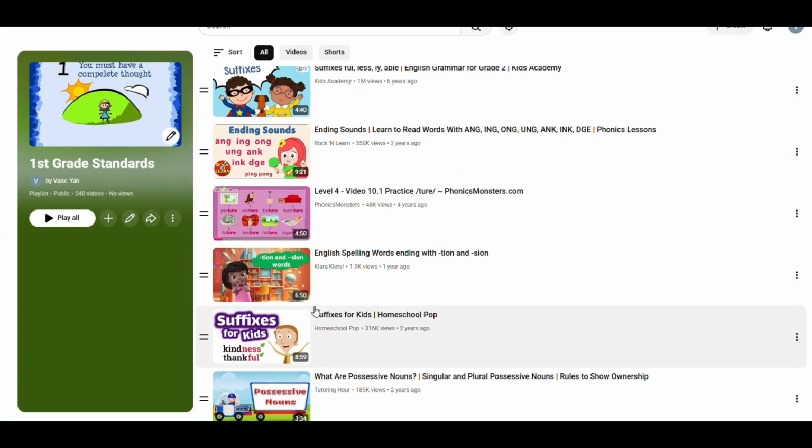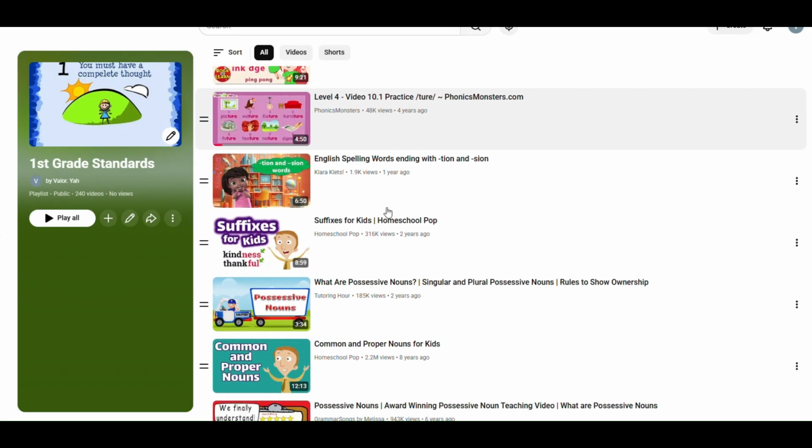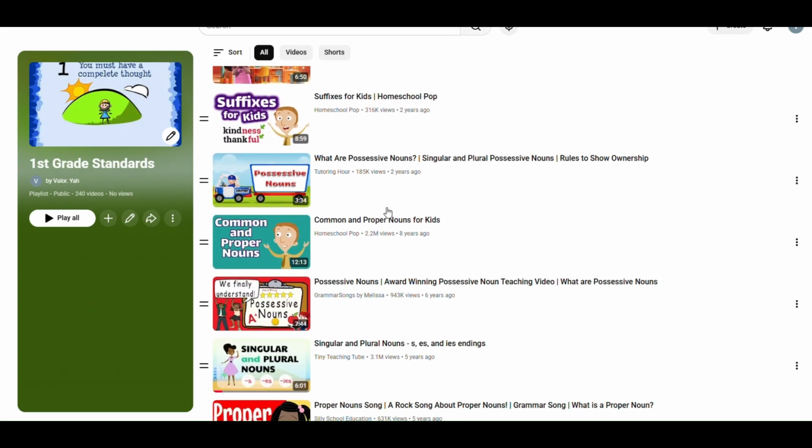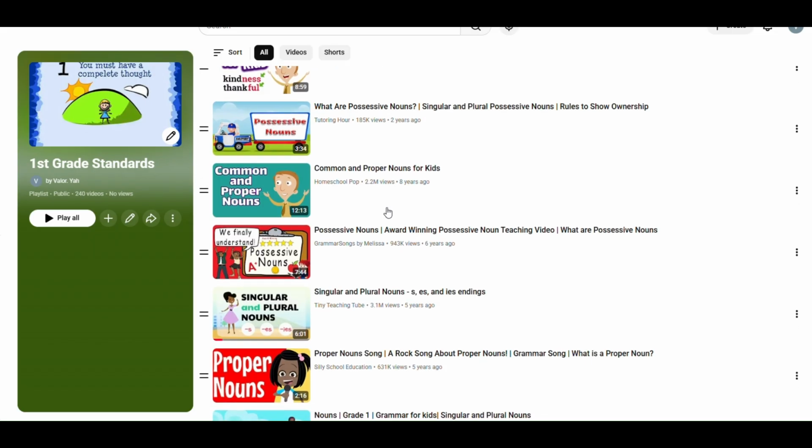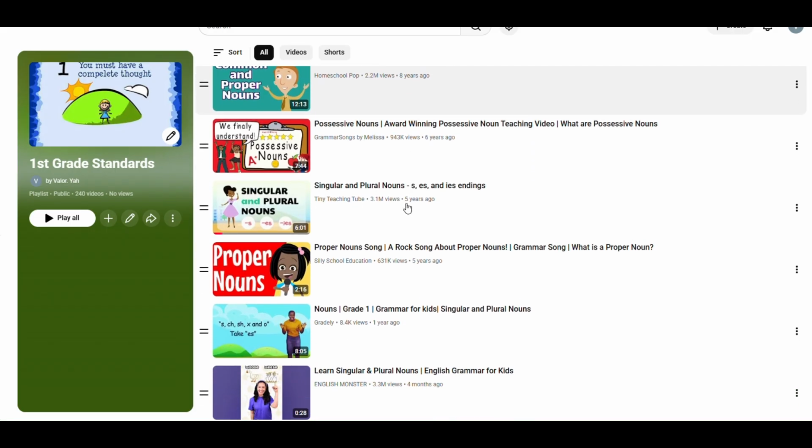But again, as this is being played in the background, these things are really being driven home. So by the time you, the parent, formally introduce them in terms of paperwork, you'll be surprised at what they have already picked up just on their own. I think that's extremely important. Again, possessive nouns, common and proper nouns, singular and plural.